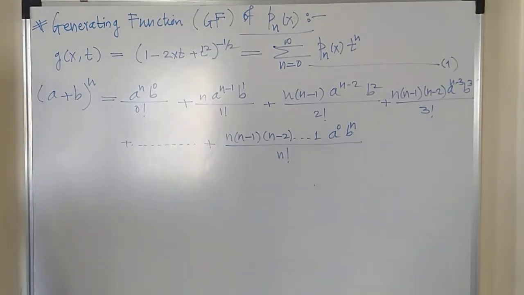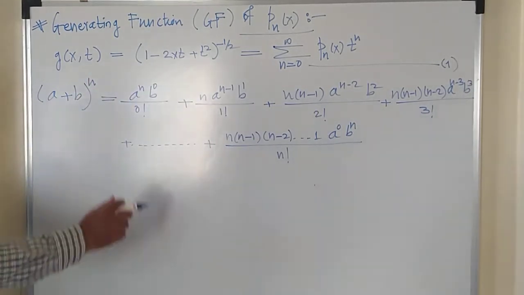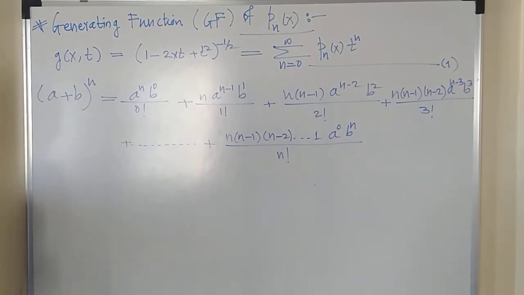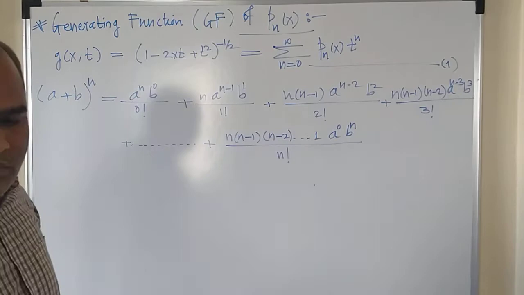So let's go and obtain the first few Legendre polynomials using the generating function. Now the generating function is known to us. Let me rewrite the generating function, and I think this binomial expansion is known to you now.